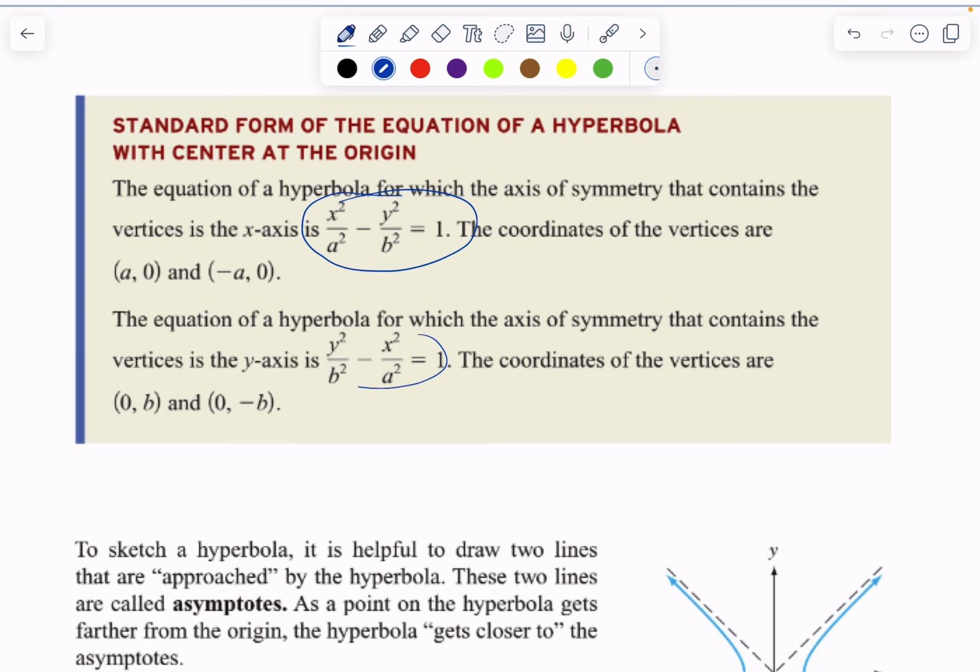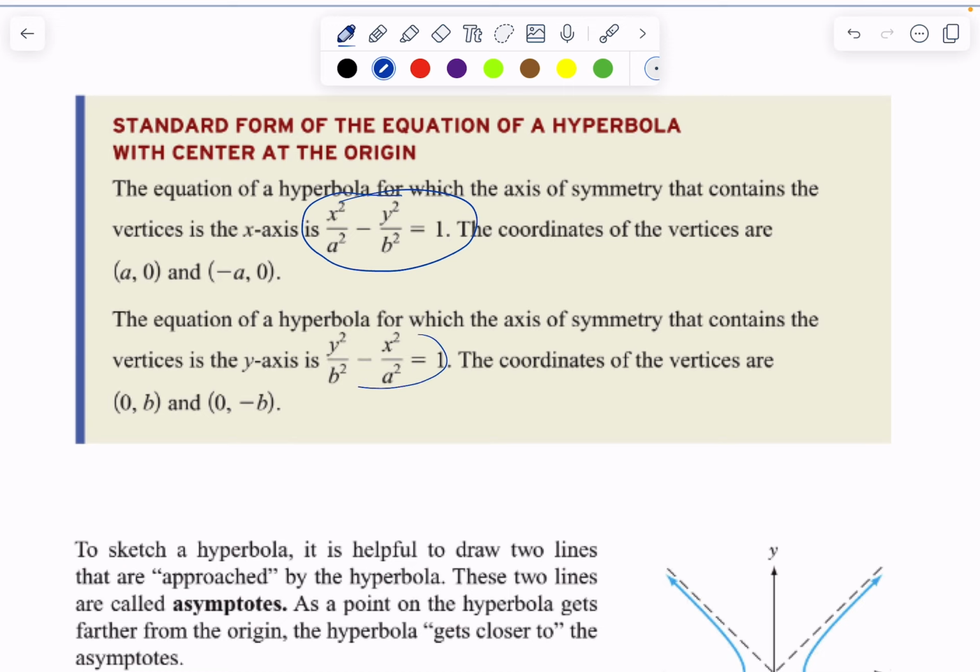What I will suggest for you to have written is down here in green. My general form is going to be either this one or this one.